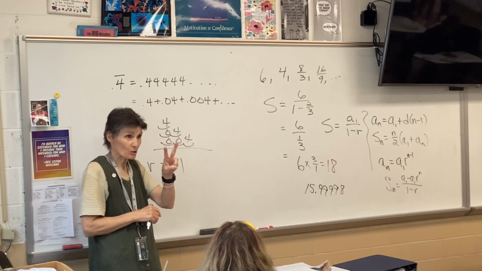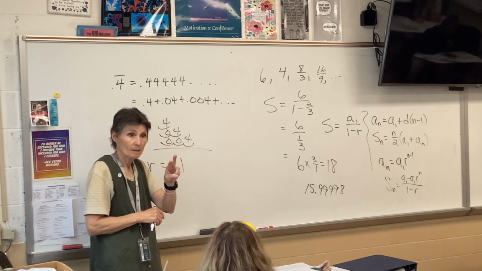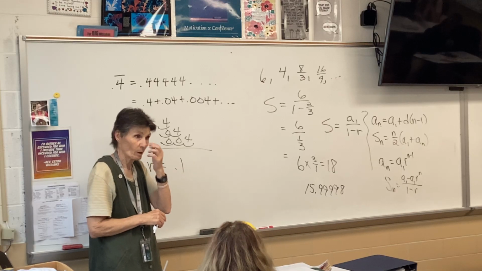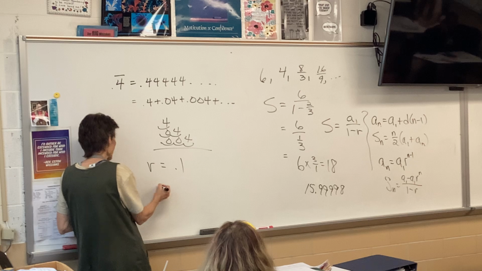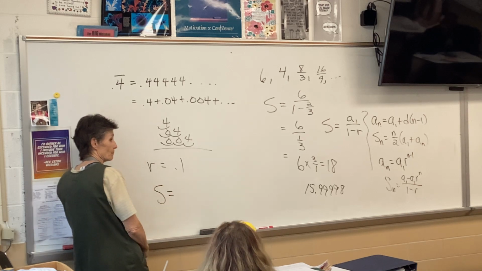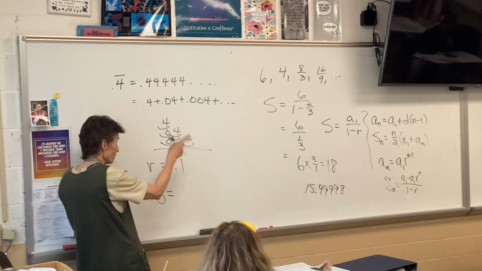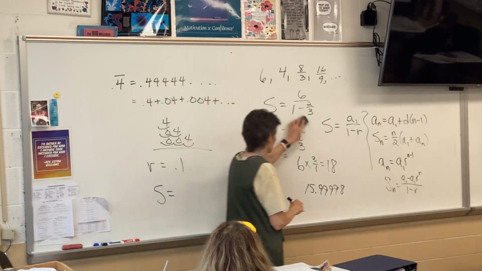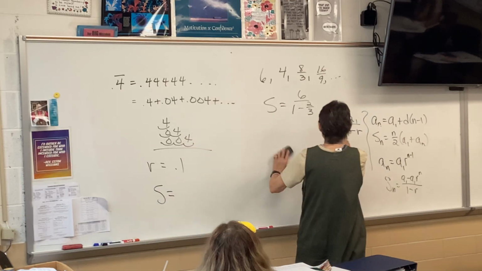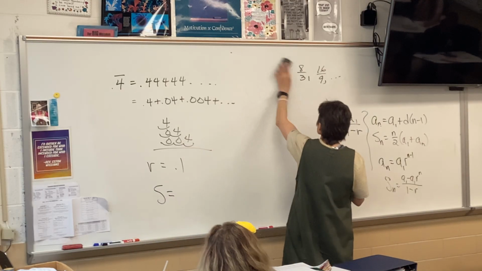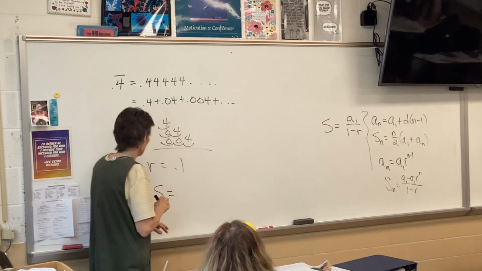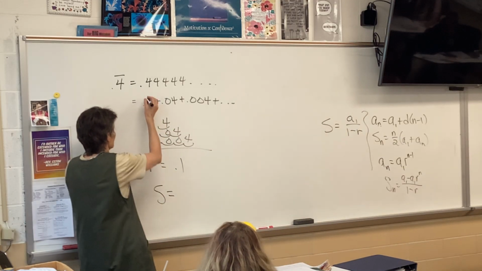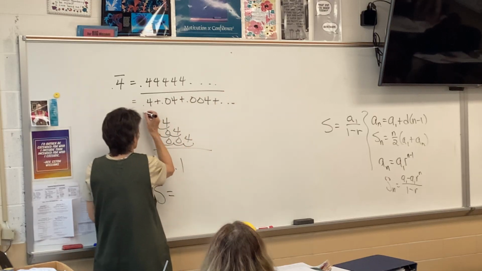If I were moving it 2 places, it would be 0.01, 1/100. Well, now I ought to be able to get my answer. According to the formula, I should have the first term, which is, this is my sequence.